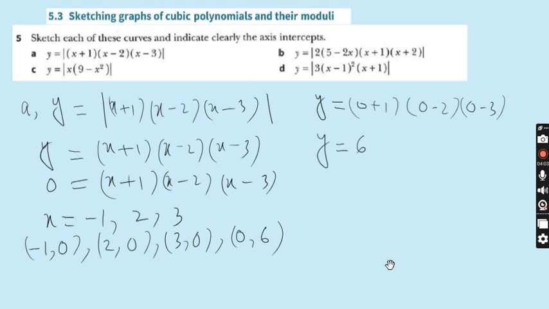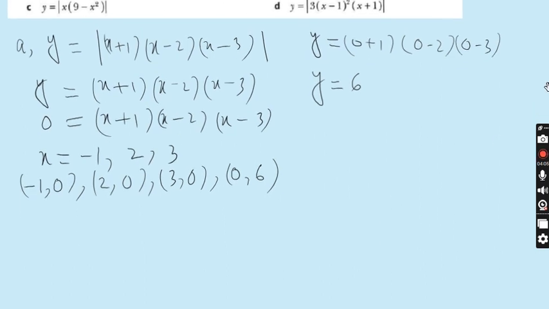Now we have to sketch the graph, so we have to write the end behavior as x goes to positive infinity.